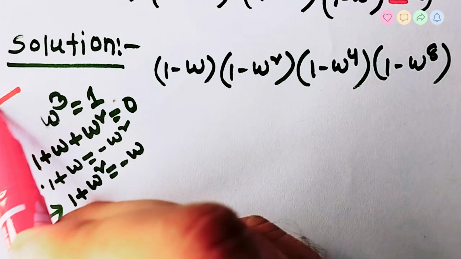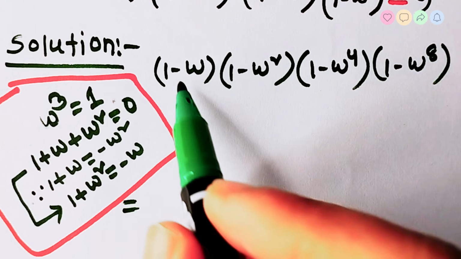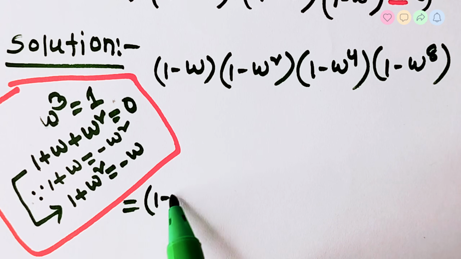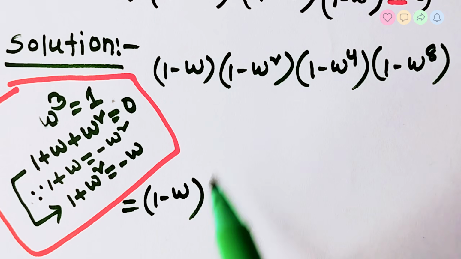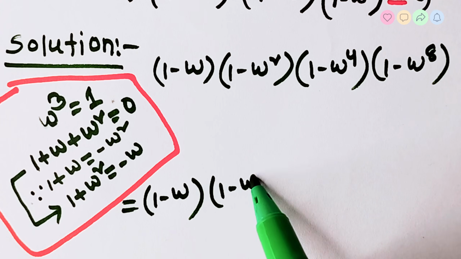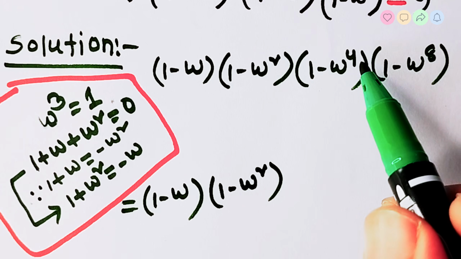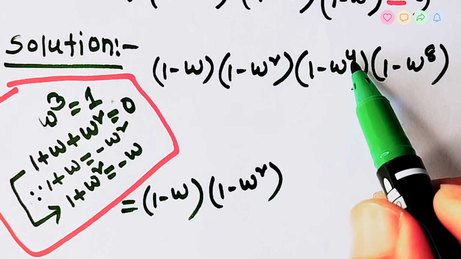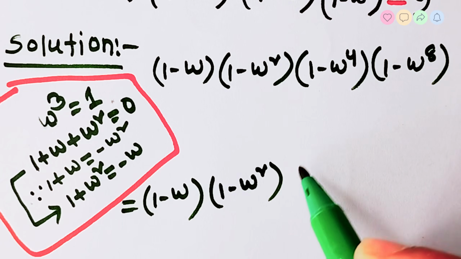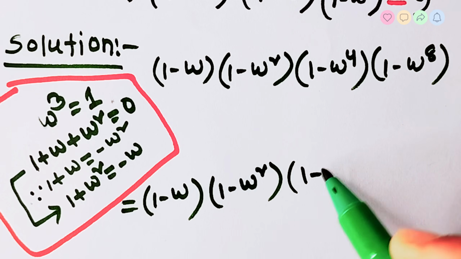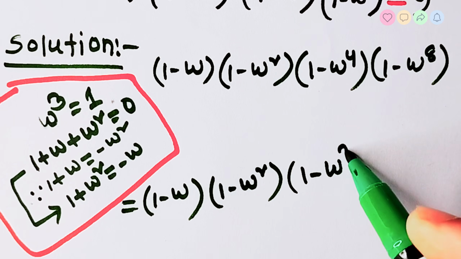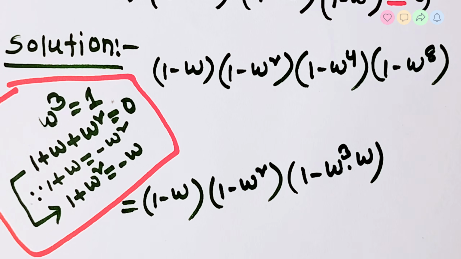We should remember: 1 minus omega stays the same, 1 minus omega square stays the same. For 1 minus omega to the power 4, omega to the power 4 we can write as omega to the power cube into omega.